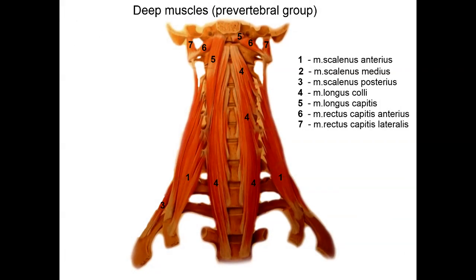Here we can find all of the prevertebral muscles. Here it is, longus colli, here it is number 5, longus capitis, musculus scalenus, and small muscles, and all of them are covered by the 5th fascia of the neck, by the fascia prevertebralis.